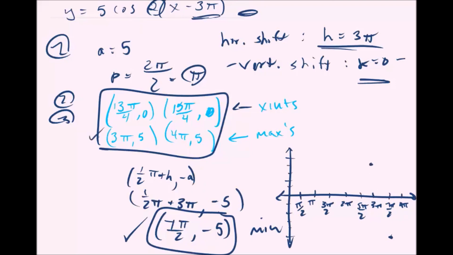Then we need 13 pi over 4, comma 0, that's a little bit more than 3 pi, because 12 pi over 4 would be 3 pi. So our x-intercept is going to be somewhere right here. Then we have another max, 4 pi, comma 5. And an x-intercept, 15 pi over 4, that's almost 4 pi. Not quite there, so it's right here.